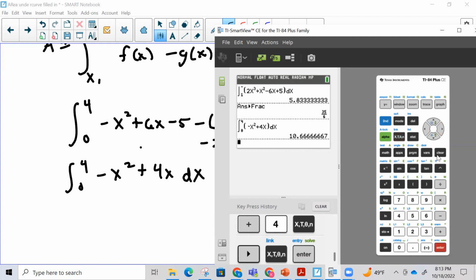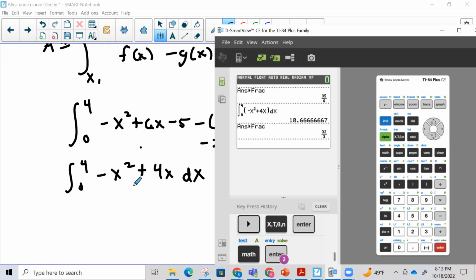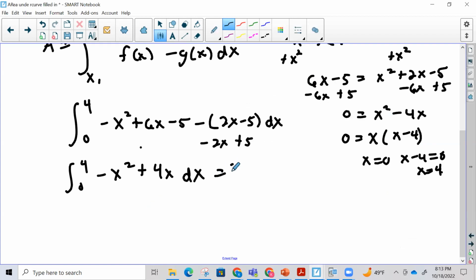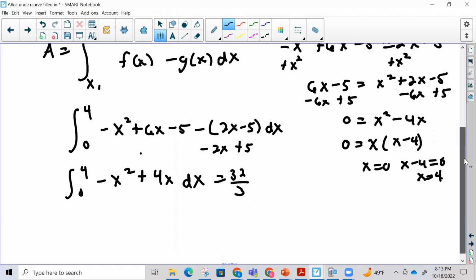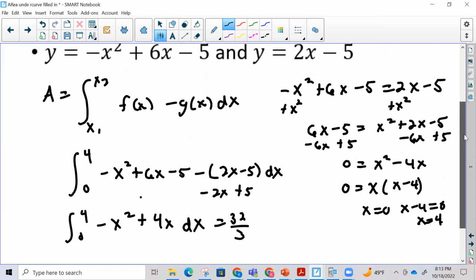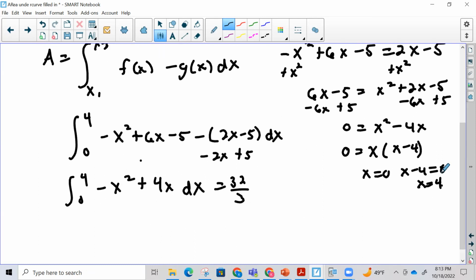And I get 10.66. It's easier to put them in fractions. So if I do math and then frac, I get 32/3. And that would be the area between those two curves. You can do this by hand and confirm you get the same thing. So that's how you find the area between two curves when they don't tell you the x values. If you have any questions, let me know.